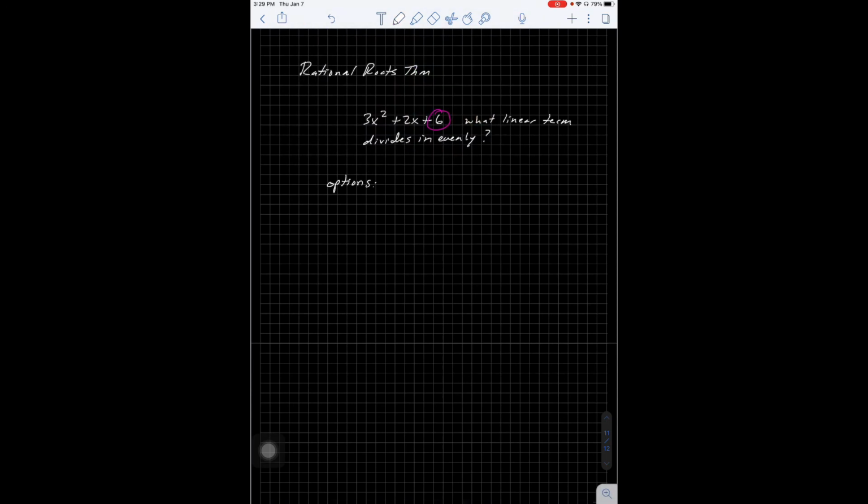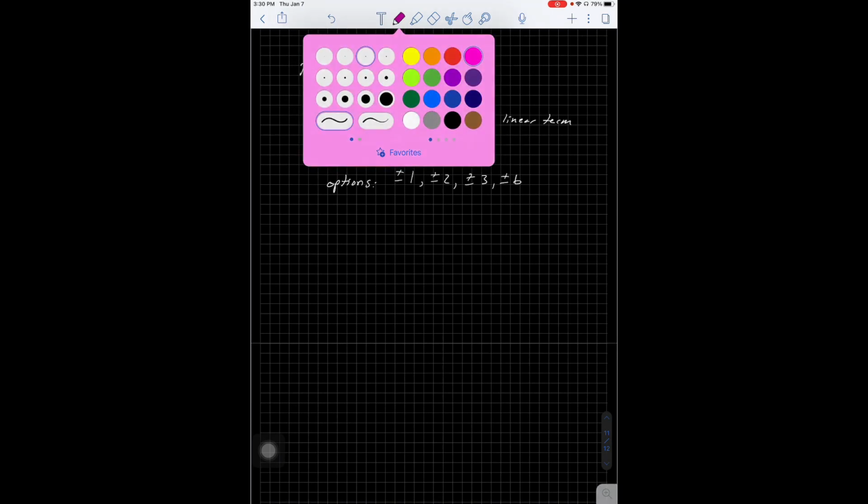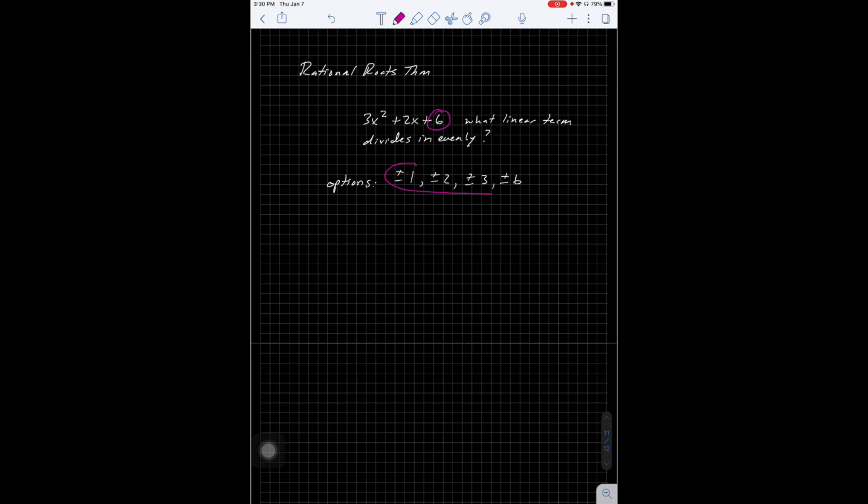So what goes into 6 evenly? Plus or minus 1 goes in evenly, plus or minus 2, plus or minus 3, and plus or minus 6. Those are the ones that go in evenly. So these are the pink ones. This is the last term.